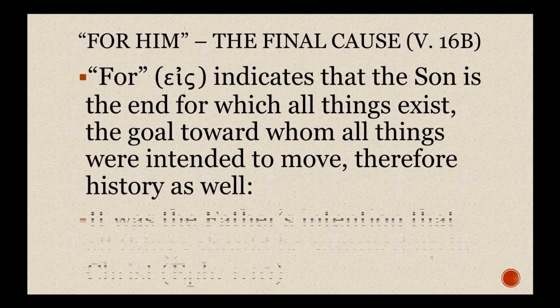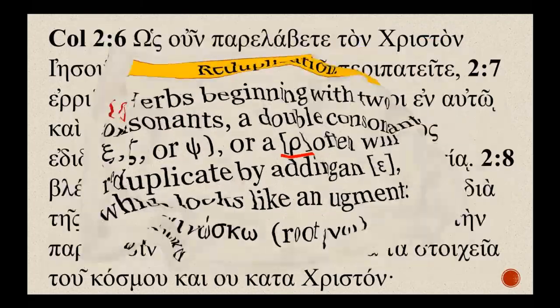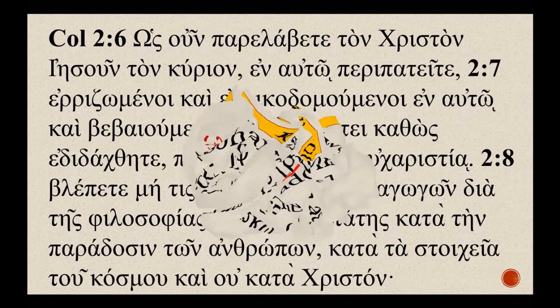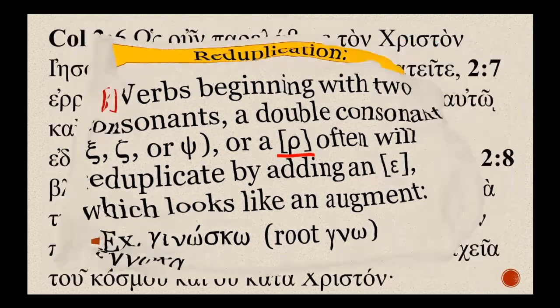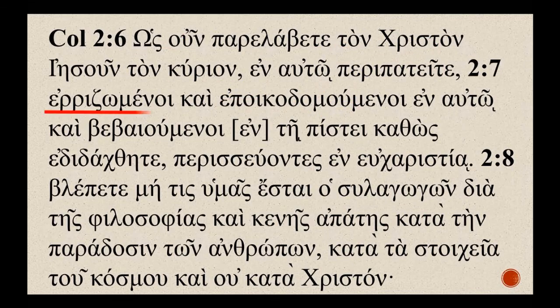I'll pass through all this stuff. So if a verb begins with two consonants or a double consonant, it's going to take the epsilon, or rho often will reduplicate. So notice what happens. Here we have a case in Colossians chapter 2, verse 7.